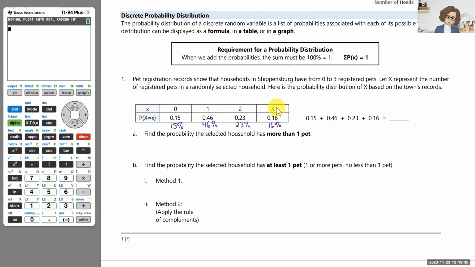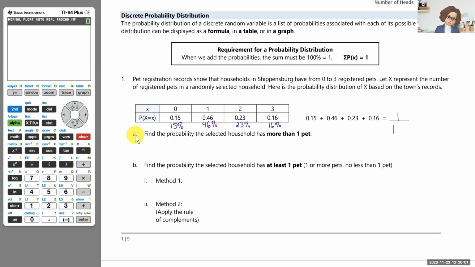All right, so if I were to add all of those probabilities together in decimal format here, we would get 1. As percents, of course, we would get 100%. So that means we've represented all possible values of X in the town of Shippensburg. All right, then we're going to answer some probability questions and get used to notation here.